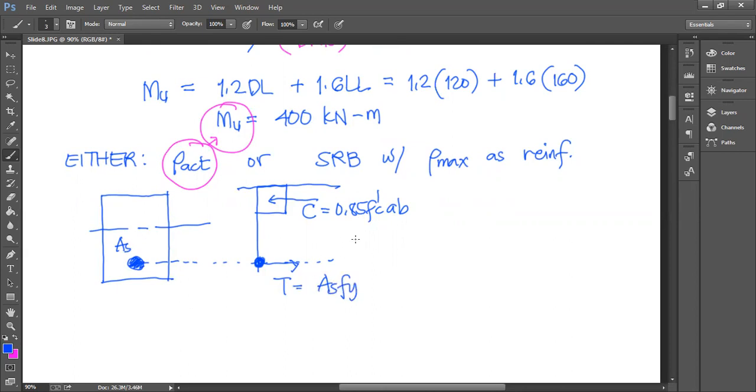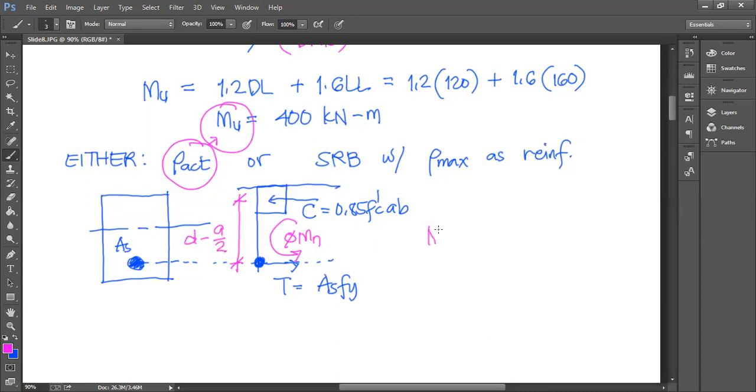Yung compression is equal to tension, hindi pa natin pwedeng gamitin yan, since hindi pa natin alam kung ano ba yung tension, since wala tayong AS and wala tayong compression, since hindi natin alam yung value ng A. So, pwede tayong maghanap ng approach doon sa nominal moment capacity or yung phi Mn, which is the ultimate moment capacity na ng beam. Wherein may moment arm tayo na D minus A over 2 na hindi pa natin alam.